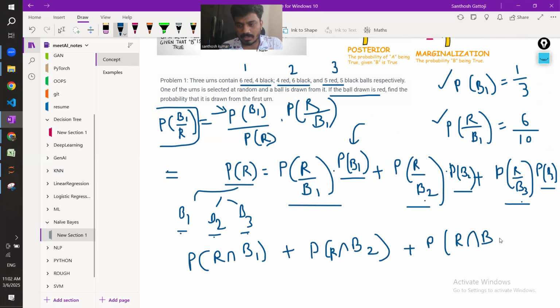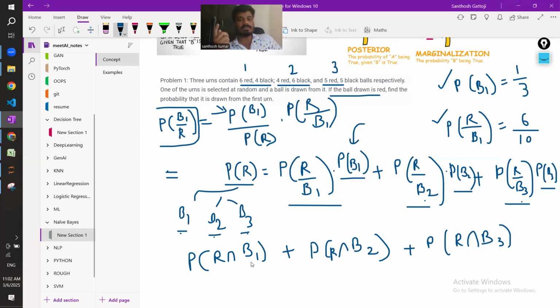So understand carefully the difference between R by B1 and R and B1. R by B1 means given B1, in that what is R? R and B1 means both are occurring at the same time.